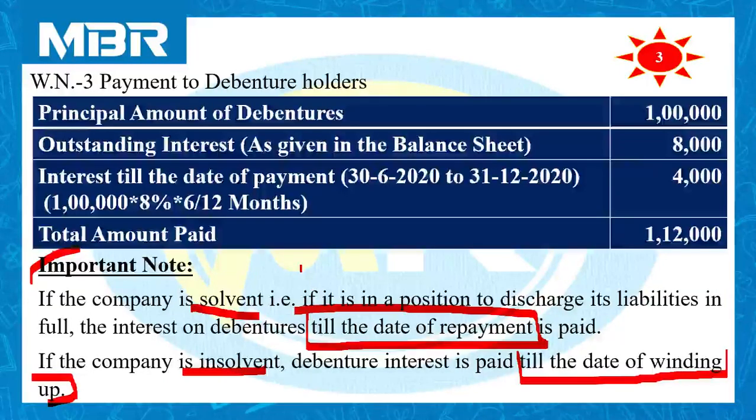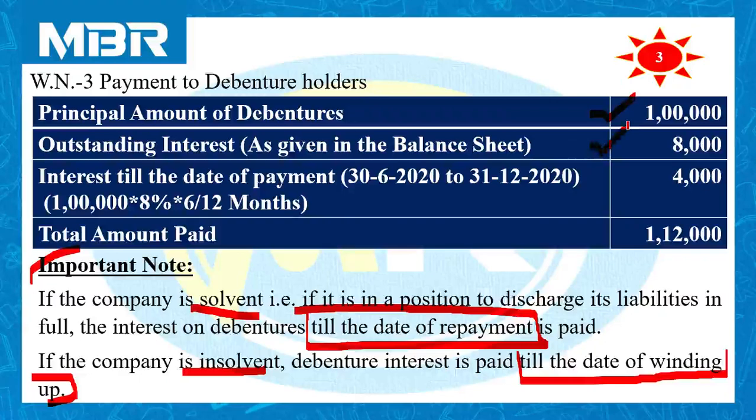Let us calculate the amount payable to the debenture holders. Principal amount of debentures, as per the information given to us in the balance sheet on the liability side, is rupees 1 lakh. Outstanding interest, as per the balance sheet on the liability side, is rupees 8,000.